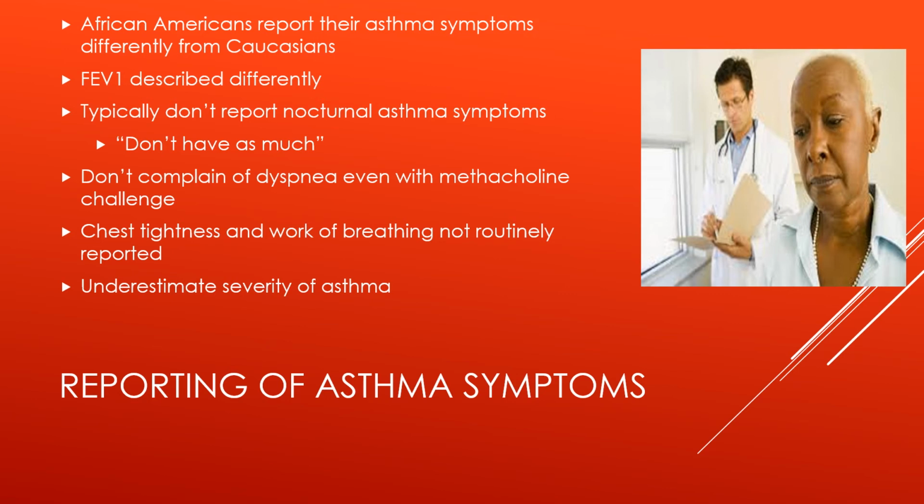For example, dyspnea. We all know what dyspnea is, shortness of breath, but a lot of people don't use that term. Every time you're short of breath, I don't say I'm dyspneic, so you really got to understand. Chest tightness is a common word to use. A lot of times they underestimate the severity of asthma. One of the most objective ways to measure your asthma severity is to do a peak flow, and a peak flow can almost give you a numerical value if you're good, bad, or sick.